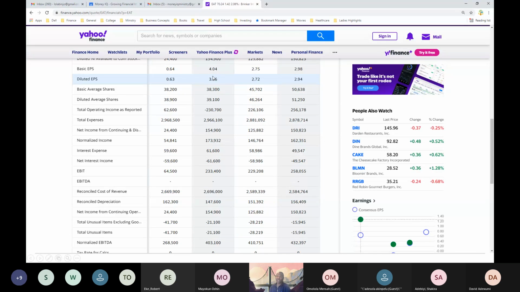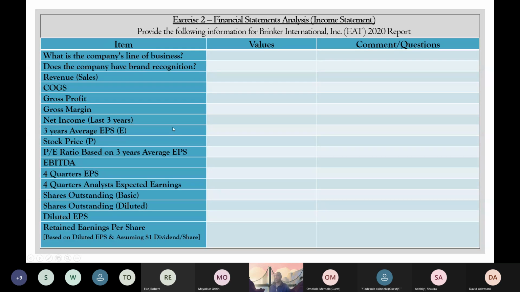So if it's a company that paid dividend, they would likely have paid dividend in that case. So the retained earnings, if they had paid $1 for every share you own, the earnings that is left will be $2.96 per share.